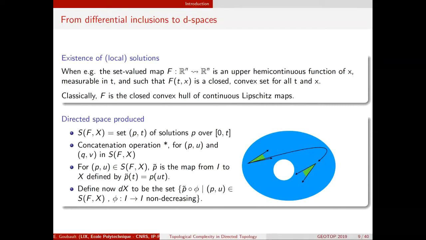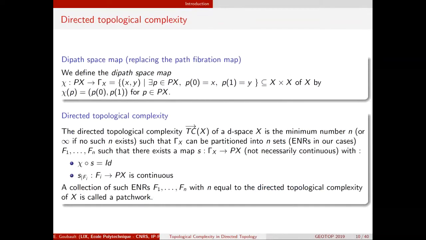So that's about it. Now I also have to define its directed topological complexity. I have PX, the topological space of directed paths, and I'm going to associate to directed paths the pair of endpoints, start and end points. So it's going to map into X times X, except that in general it is not going to be surjective.